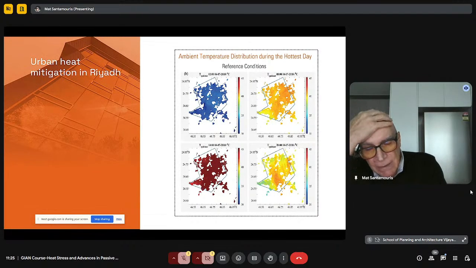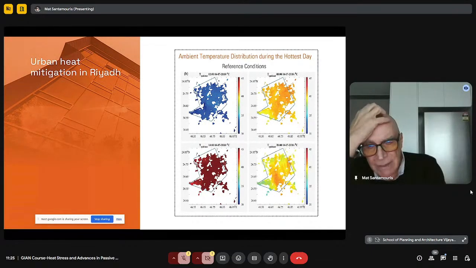Important also to understand the extreme conditions. What I showed you before was really the average. Now, during the hottest day of the year, during the night, the temperature is not increasing very much. It's increasing by 1 degree. During the morning, temperature goes up to 40 degrees.